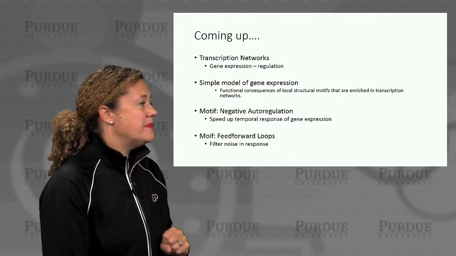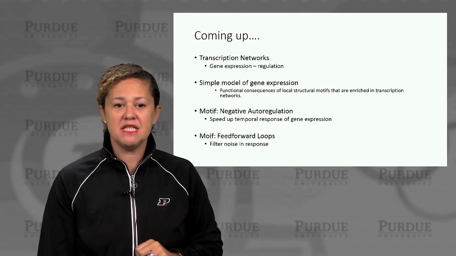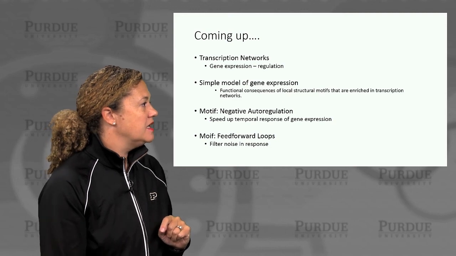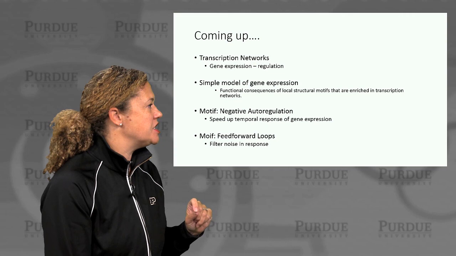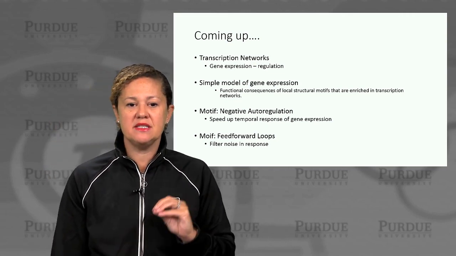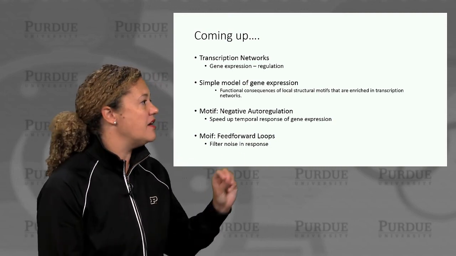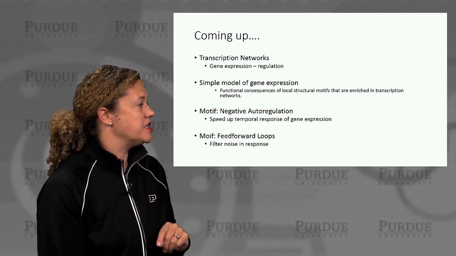Coming up, we're going to go a little deeper into transcription networks, looking at this regulation of gene expression. We'll also build a simple mathematical model of gene expression that will allow us to dive deeper into the functional consequences of these structural motifs that are enriched in transcription networks.